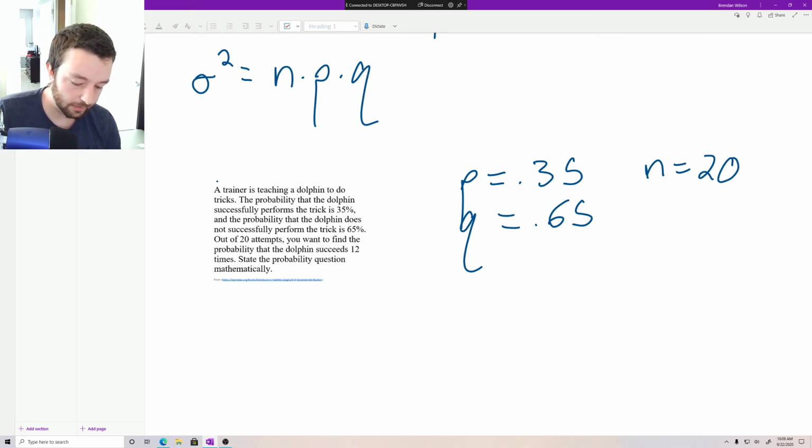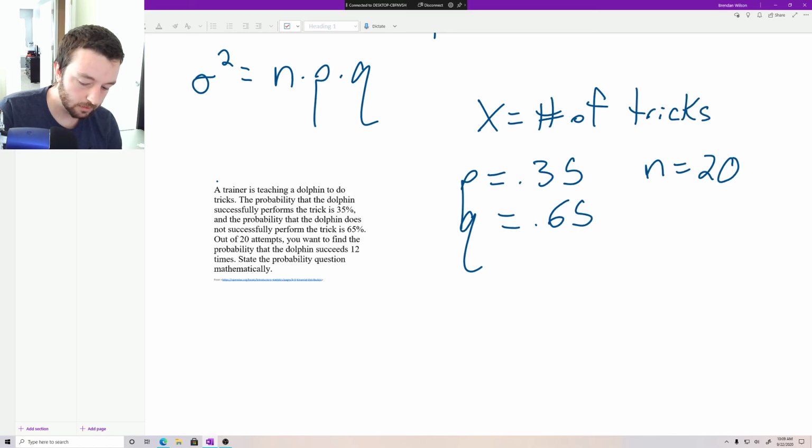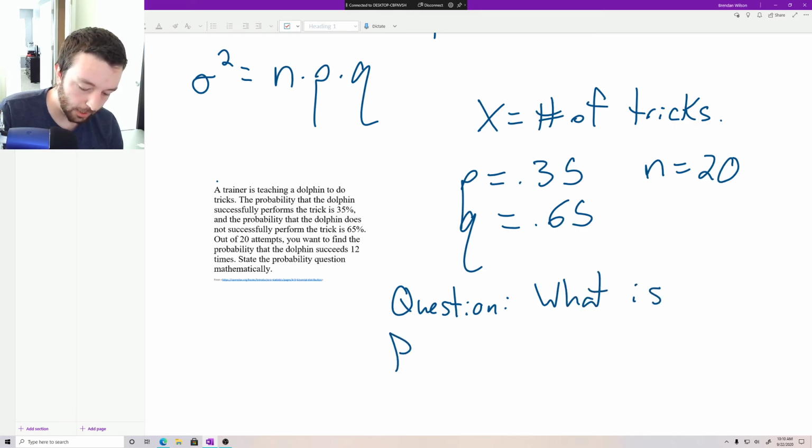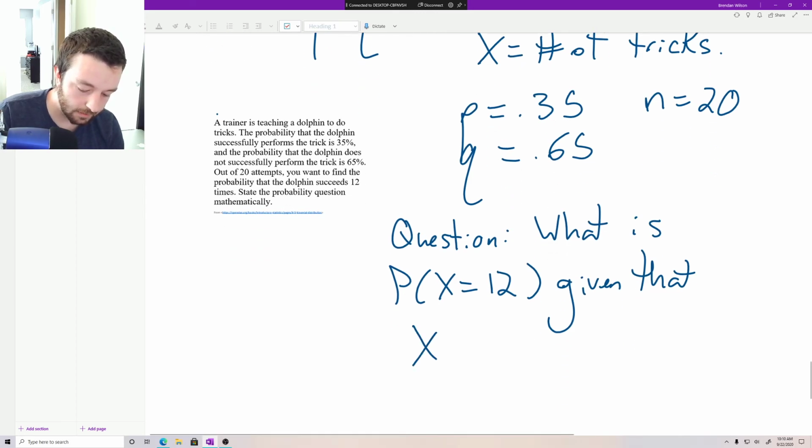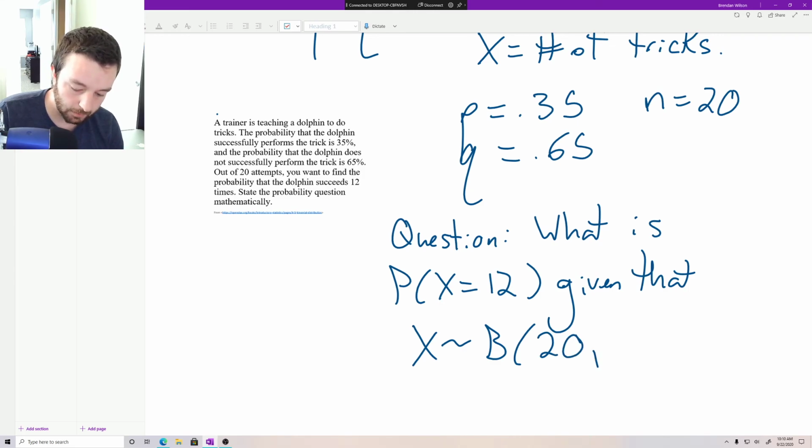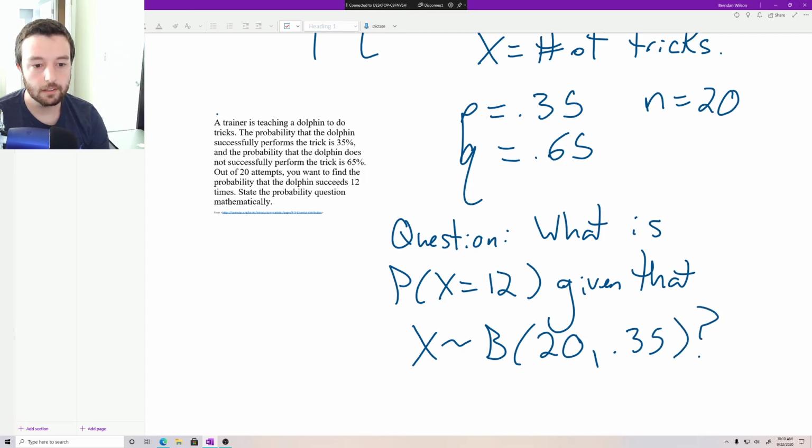So if we let x be the number of tricks performed successfully, then the question would be: what is the probability that x equals 12, given that x is a binomial random variable done 20 times with probability 0.35? Okay. This is how we would state the question mathematically.